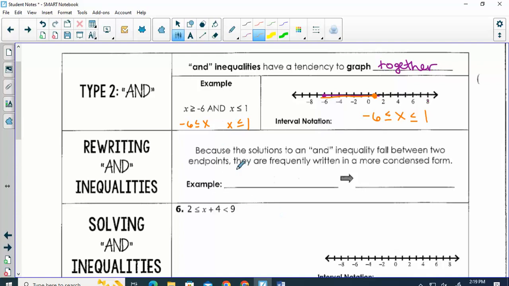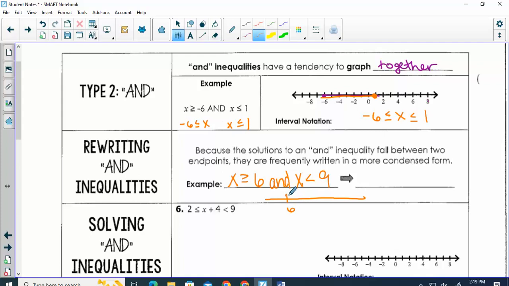Okay, so if I said x is greater than or equal to 6 and x is less than 9, if I were trying to put those together into one big thing, let's think about what it means.